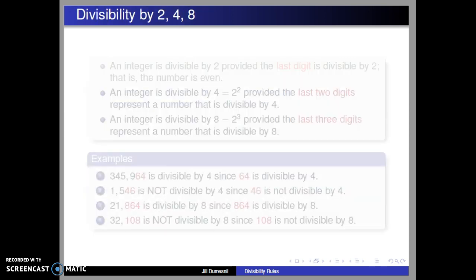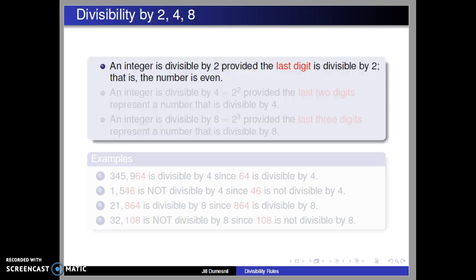Let's start with the divisibility rules for 2, 4, and 8. An integer is divisible by 2 provided the last digit is divisible by 2. In other words, an integer is divisible by 2 provided the number is even. You probably already knew this one.